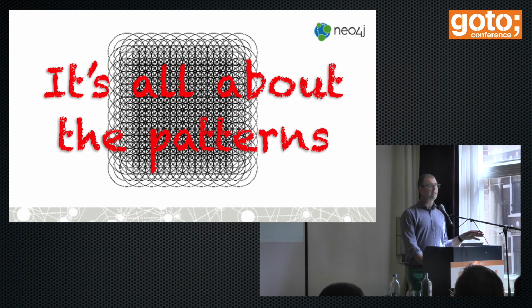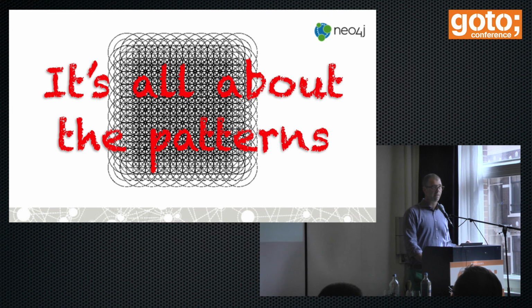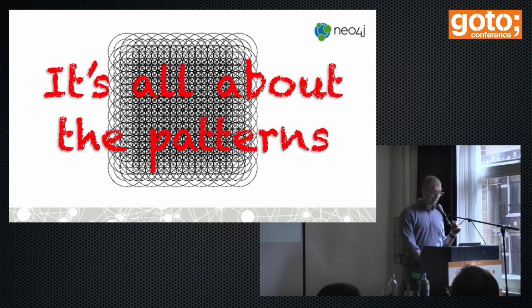Because it's all about these deep patterns in the network that really increase the risk of fraud behavior. Let me say that again: it's all about the deep patterns. Not just one hop deep, but multiple hops deep.